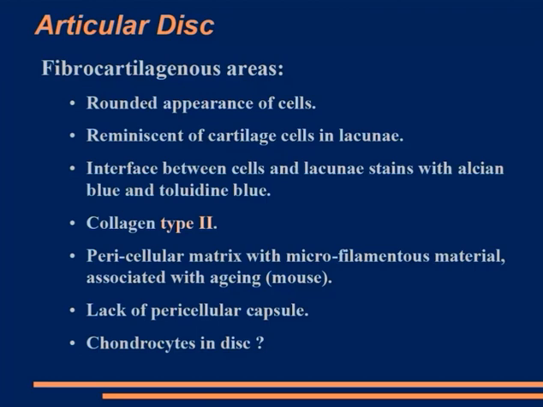So normally we have collagen type 2. We have high molecular weight GAGs, the chondroitin sulfate proteoglycans. We have the pericellular matrix surrounding the cells. We have the chondrocyte-like cells, which have rounded morphology.